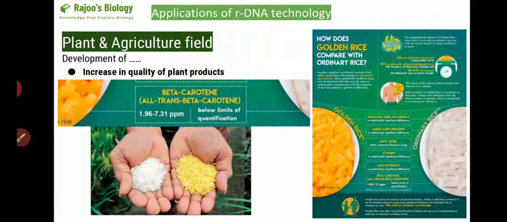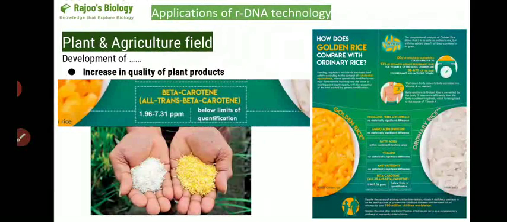rDNA technology is useful for producing a product with some novel characteristic. The best example is golden rice. In ordinary rice, beta carotene is not found, or is below the limit of quantification.